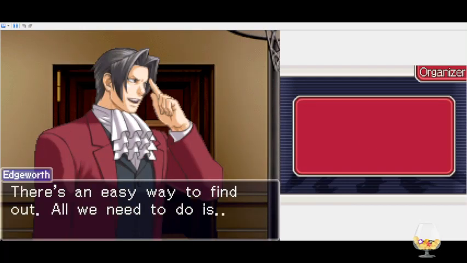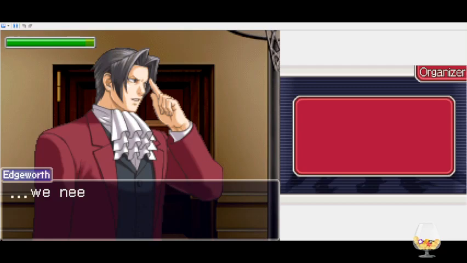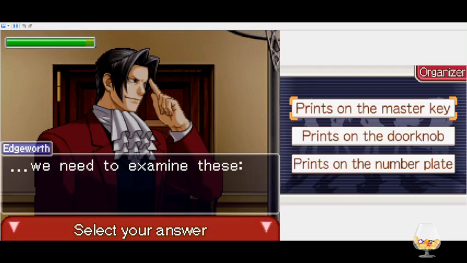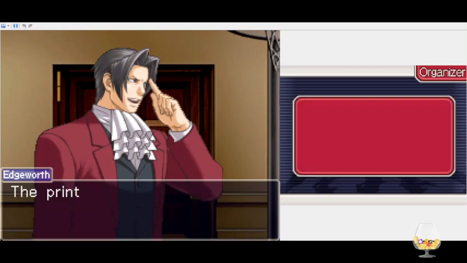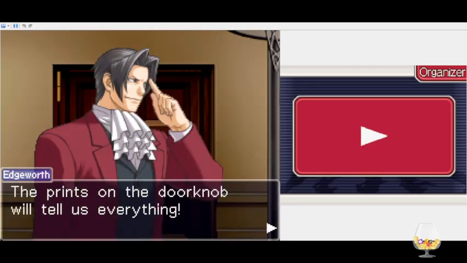There's an easy way to find out. All we need to do is... We need to examine these. The doorknob? The prints on the doorknob will tell us everything.